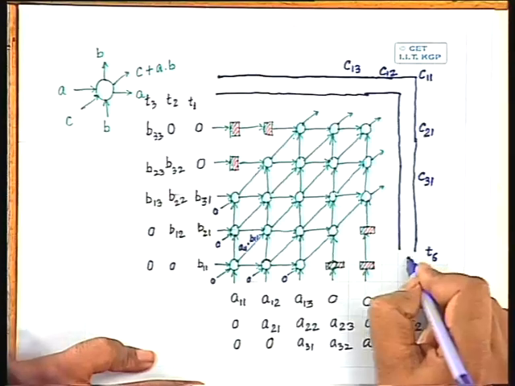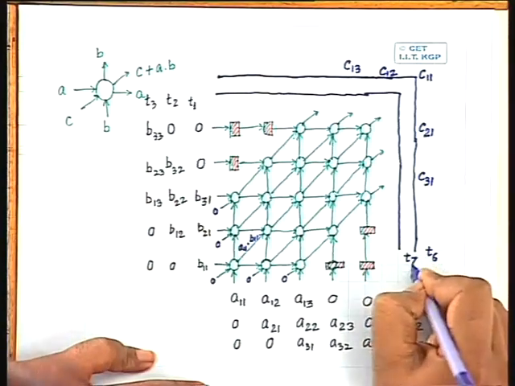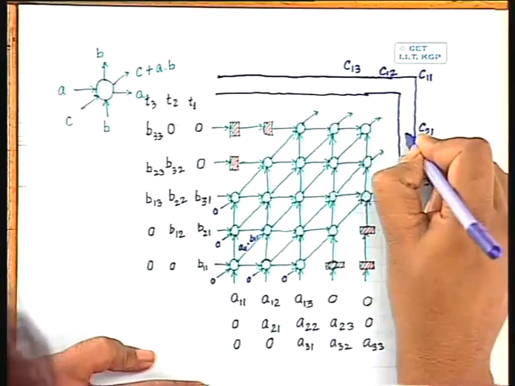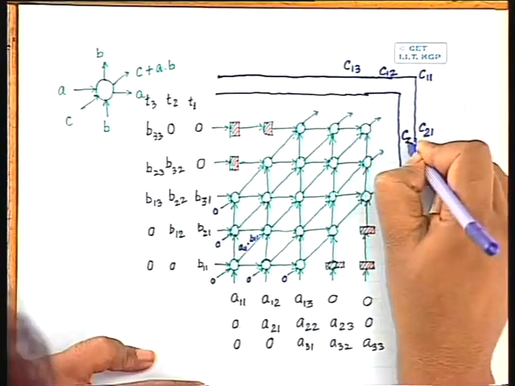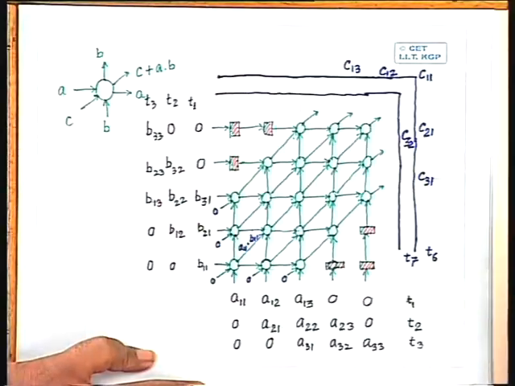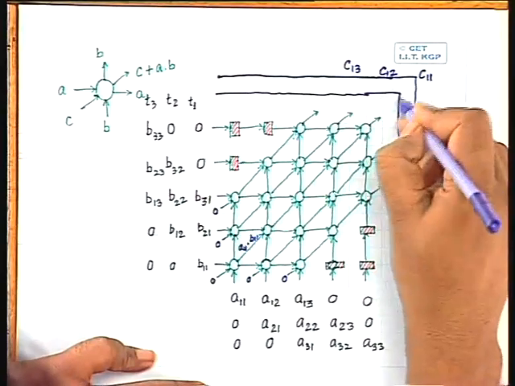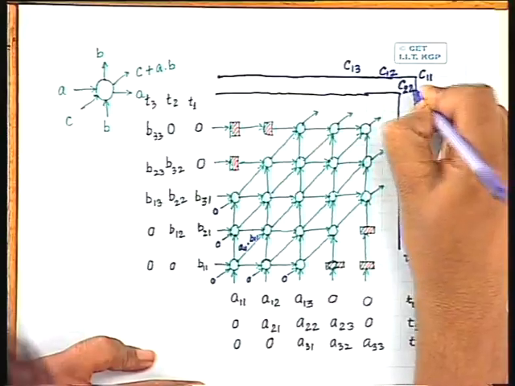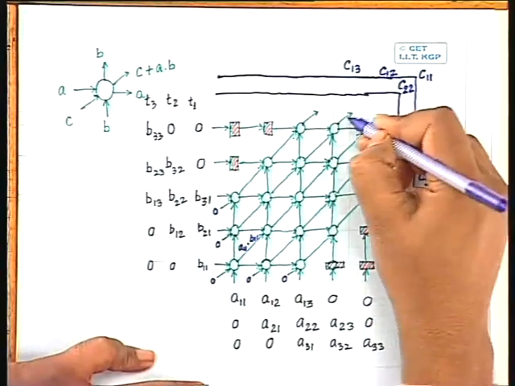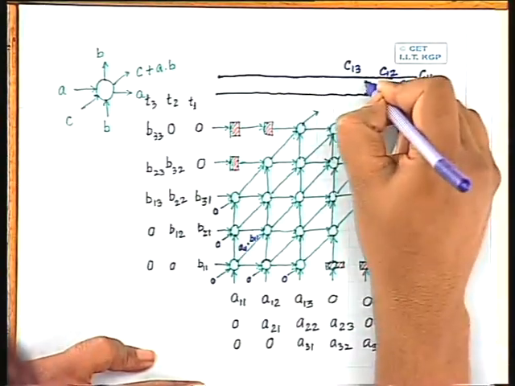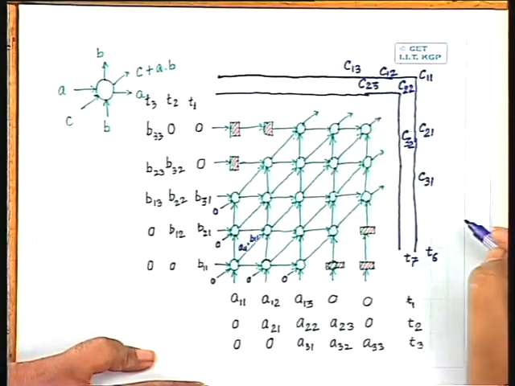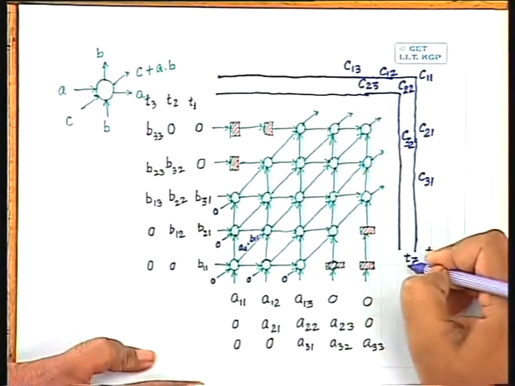During time T7, this node will output C32. This node will output C22, and this node will output C23, and this output I will get during time T7.